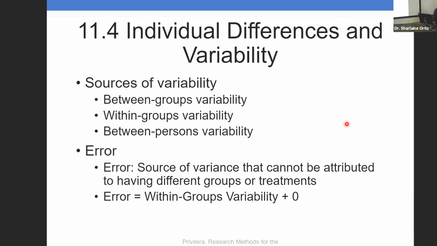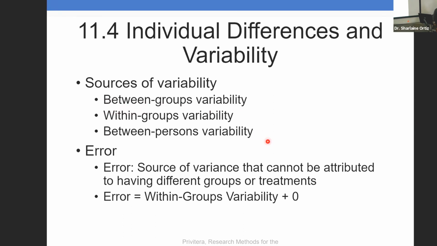What we're trying to measure is the mean differences between the groups' variability, whether the participants are responding to that particular effect. So we can do this type of measurement by looking into between groups variability.